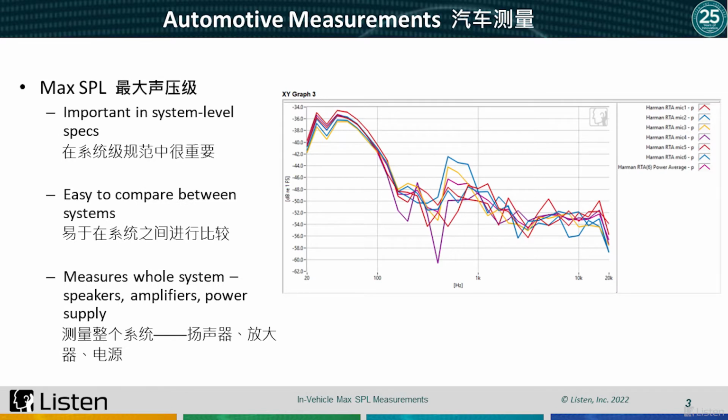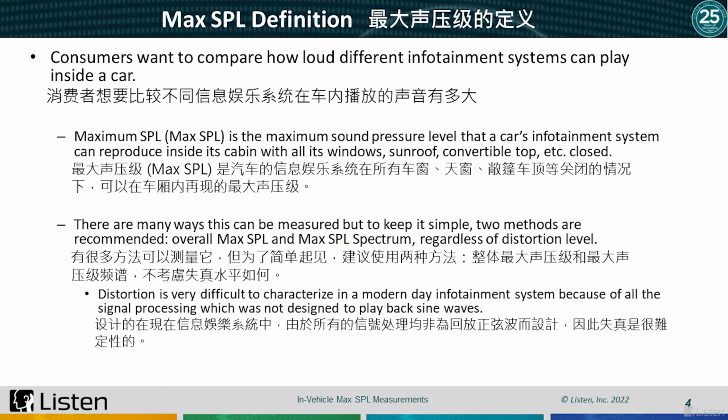Max SPL is important because consumers want to compare how loud different infotainment systems can play inside a car. The maximum SPL, or max SPL, is the maximum sound pressure level that a car's infotainment system can reproduce and sustain inside its cabin with all its windows, sunroof, convertible top, etc. closed.